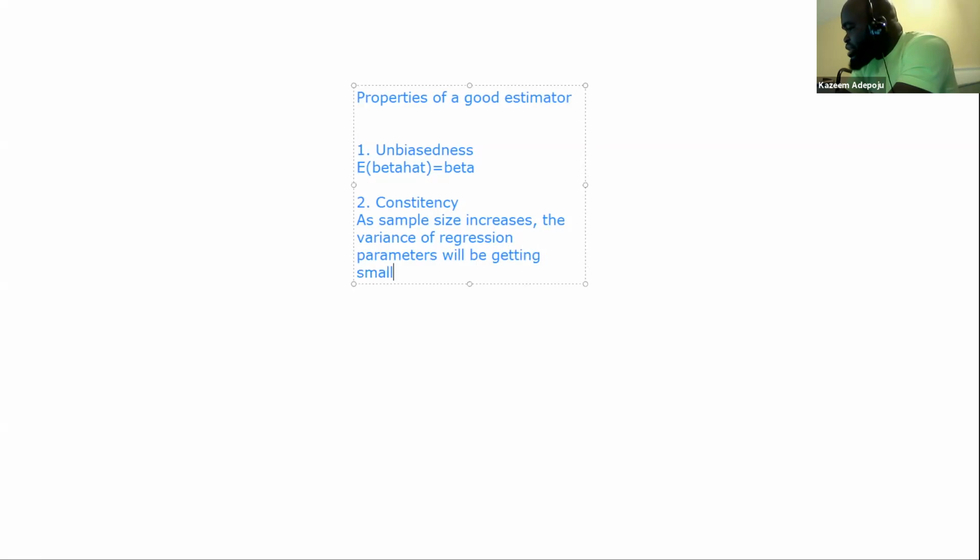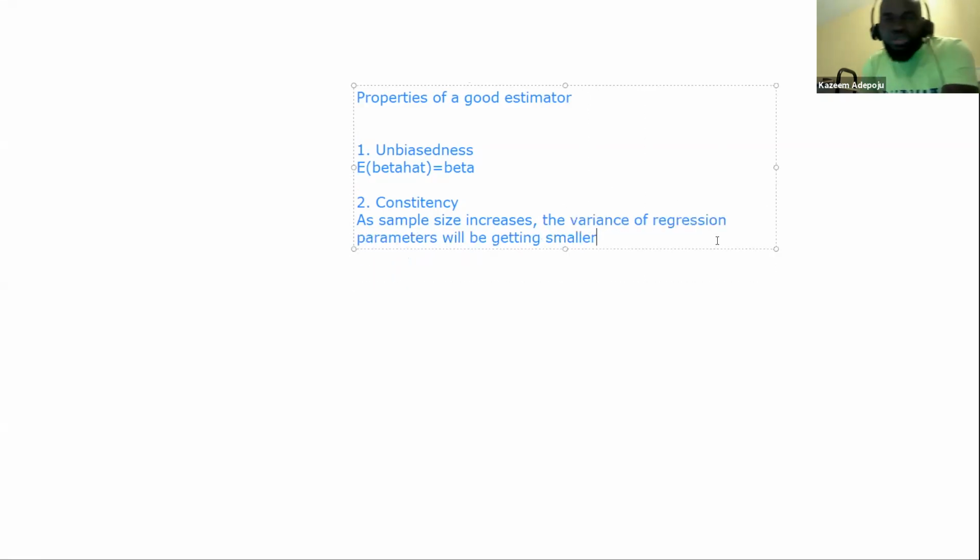And that is what we need. We actually want a smaller variance of the estimators, because when the variance is very, very small, of course, it means the estimator is reliable. It means the estimate of the regression parameter will be very close to the population parameter.